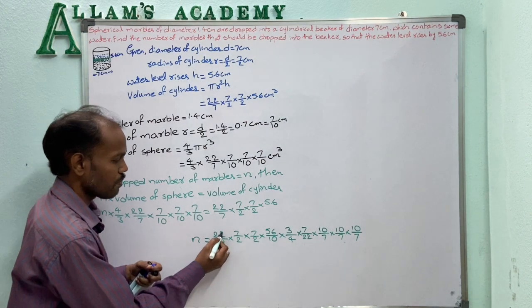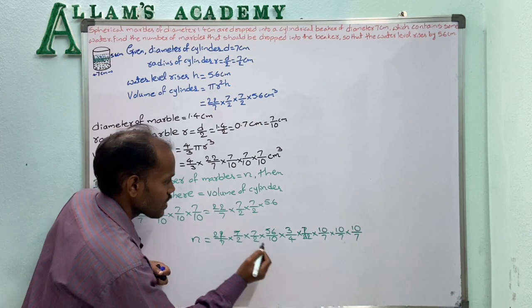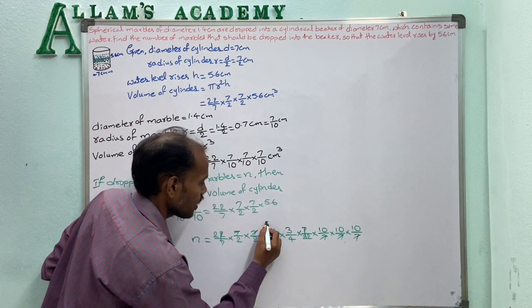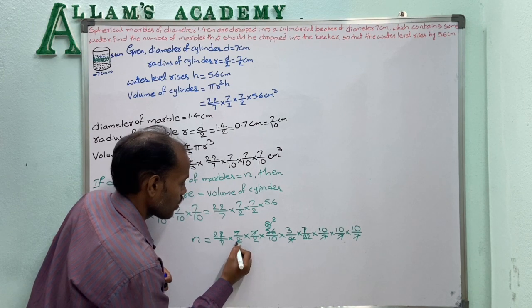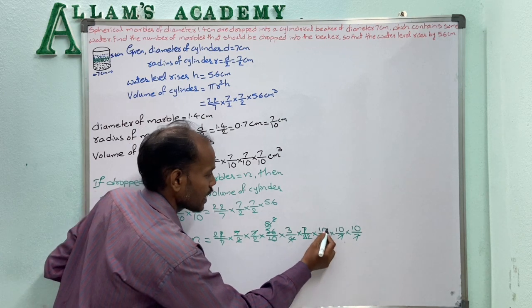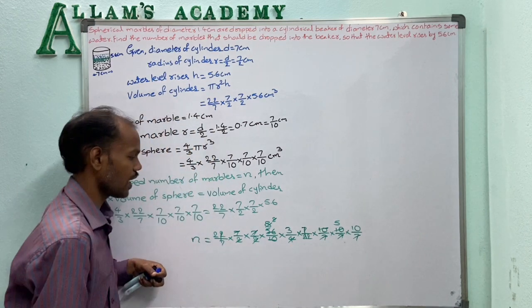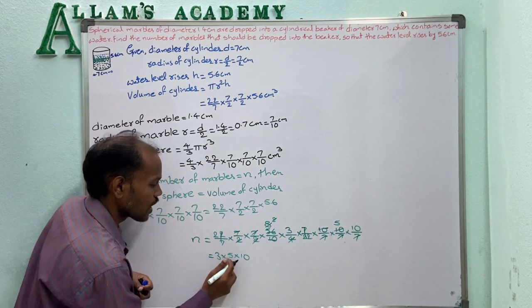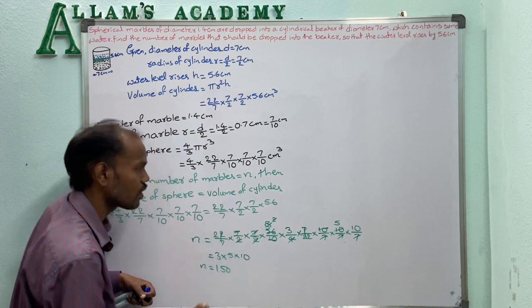Now 22 by 7 and 7 by 22, both get cancelled, so the sevens cancel, next 7 ones are 7, 8 by 4, 4 ones, 4 twos, 2 ones, 2 ones, next 10 gets cancelled, 2 ones, 2 fives, so what remains is 3 into 5 into 10, so 3 fives are 15, 10 times is 150, so n equals 150.